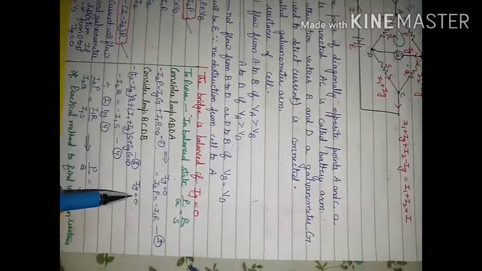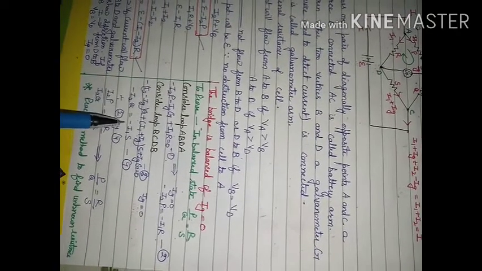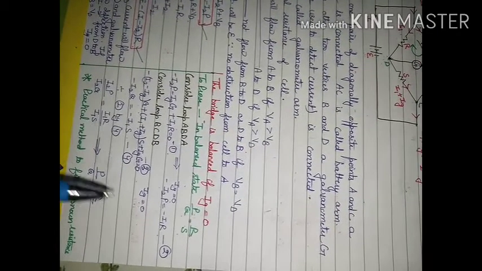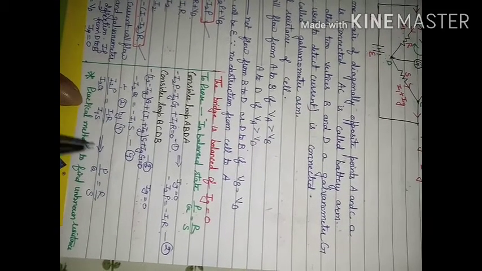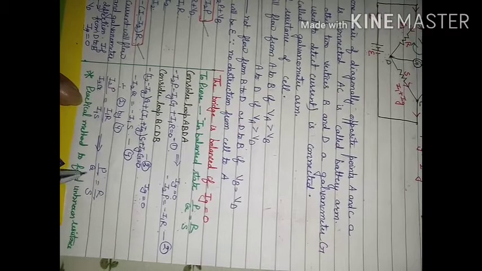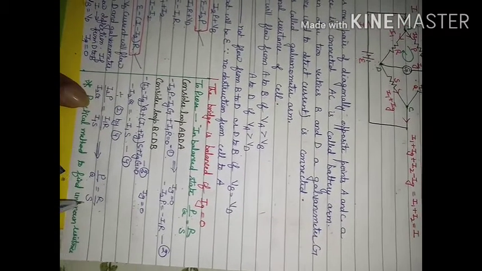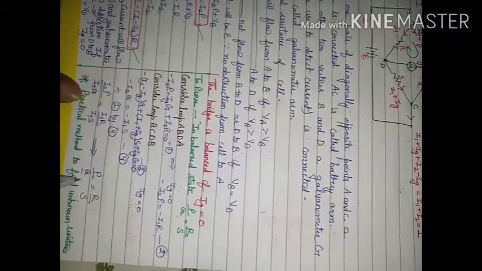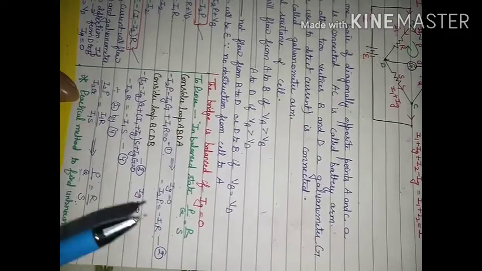Put Ig equal to 0, and we get the equation minus I2Q is equal to minus I1S. Divide equation 2 by equation 4. So in balanced state, we will get the equation P upon Q is equal to R upon S. And this is the balanced state condition in case of Wheatstone bridge.